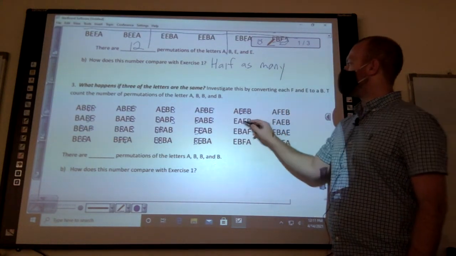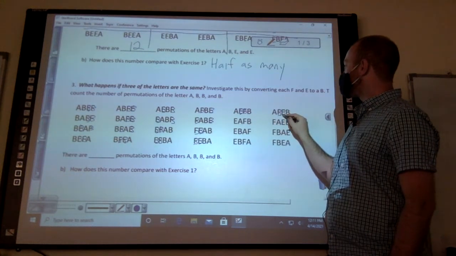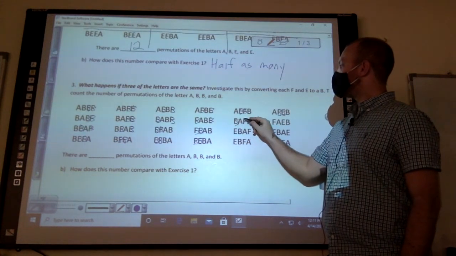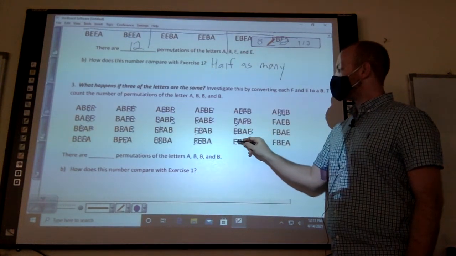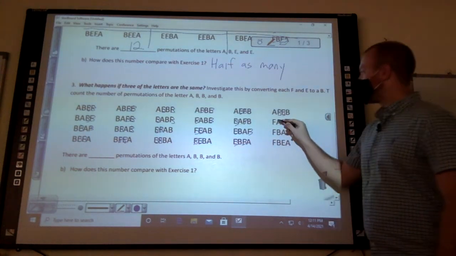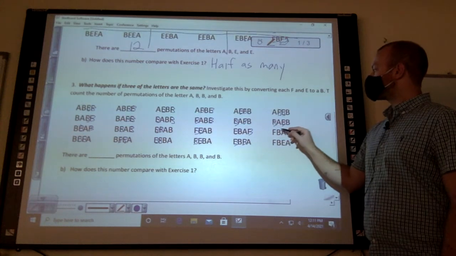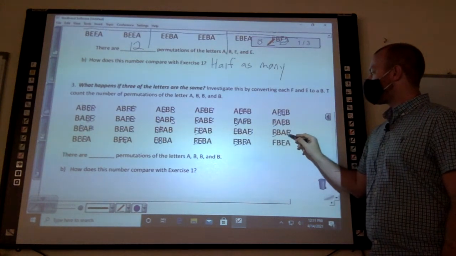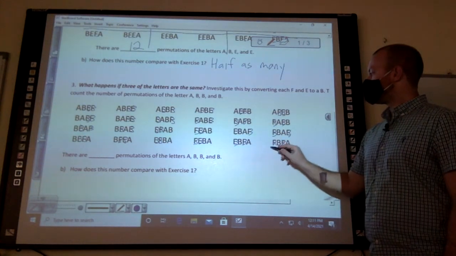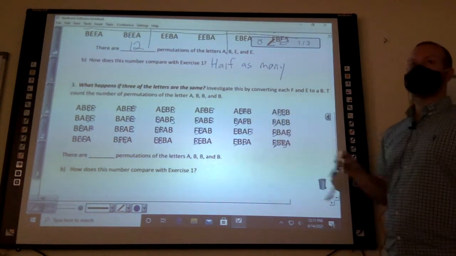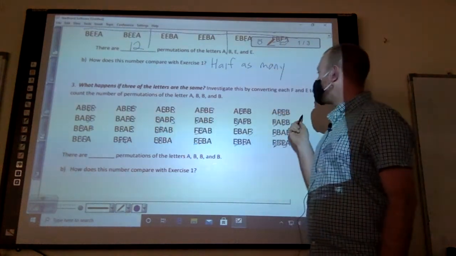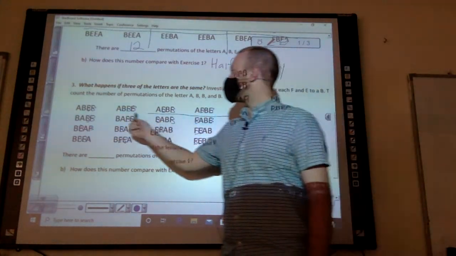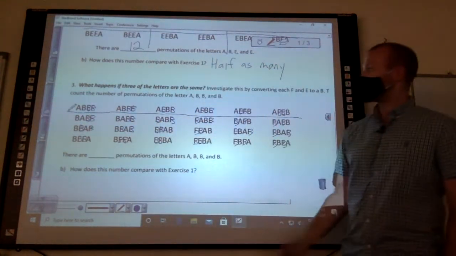Look at the first row. Row is horizontal. What are all the top rows? They're all the same: A and then 3 B's. So that whole first row is the same. How about the second?